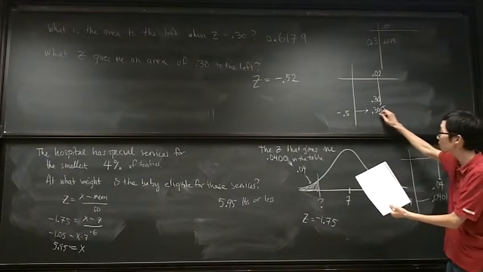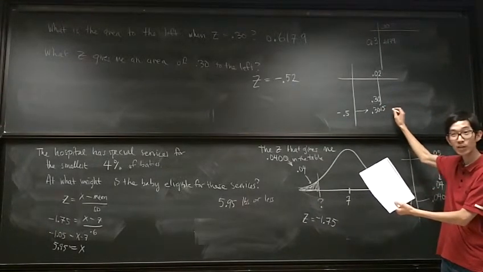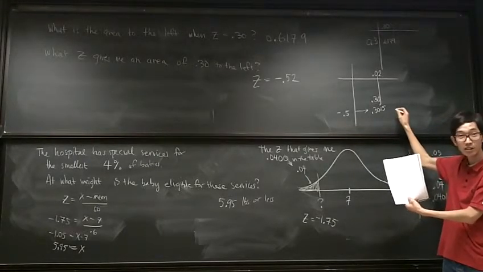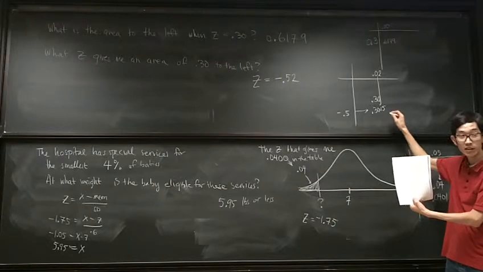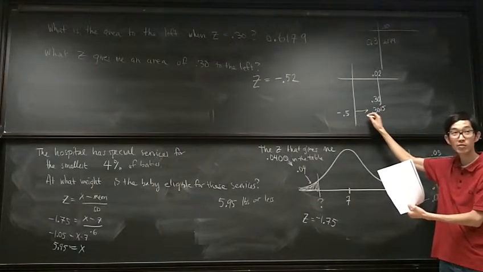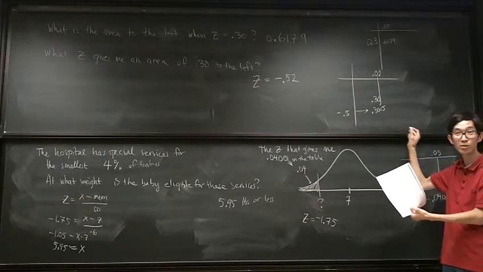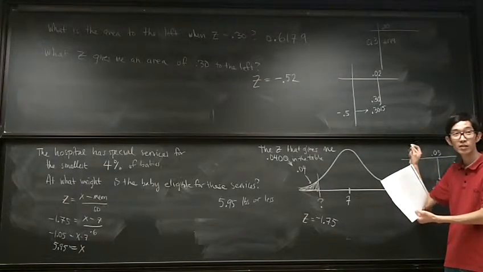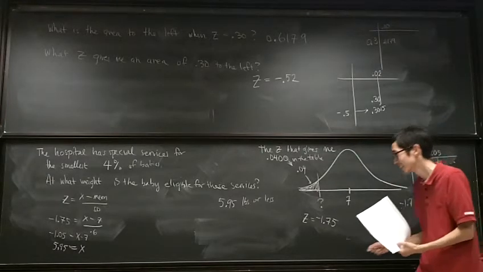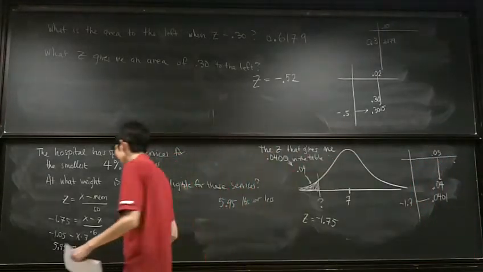The number that's closest to it is 0.3015. That's the number provided in the table that's closest to 0.30, and that number is at the row z equals negative 0.5 and the column 0.02. So you still have to look for it.